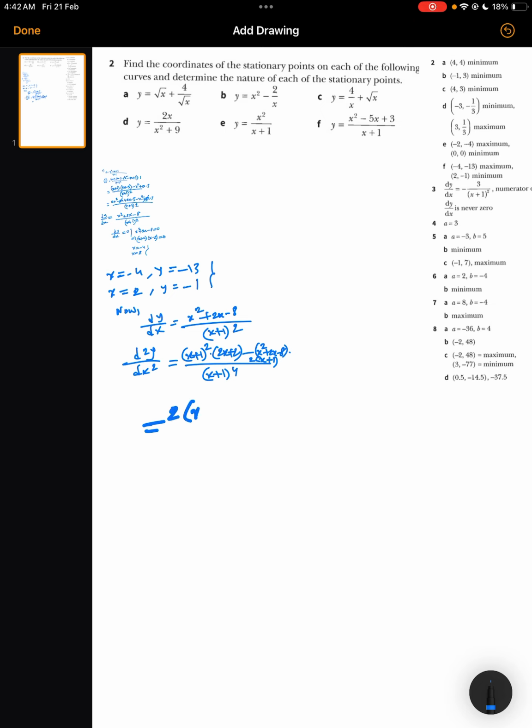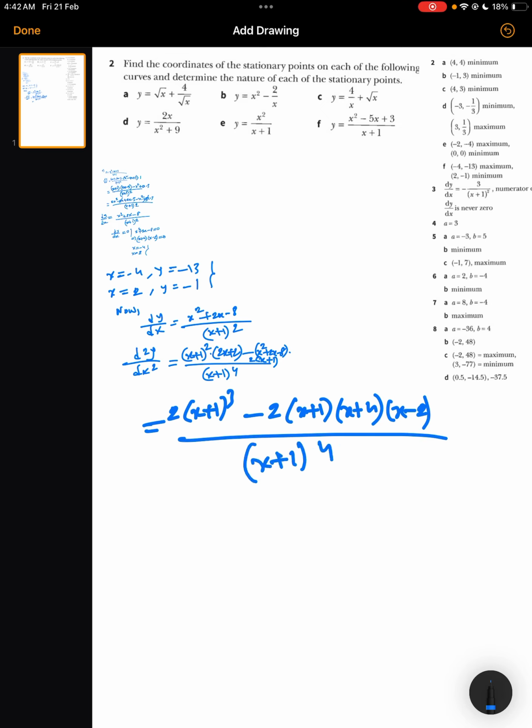So 2 times (x plus 1) to the power cube, minus 2 times (x plus 1)(x plus 4)(x minus 2), over (x plus 1) to the power 4, the second differentiation.